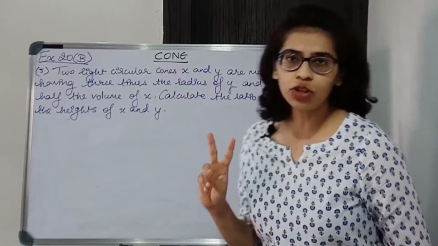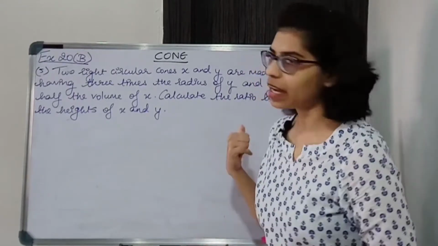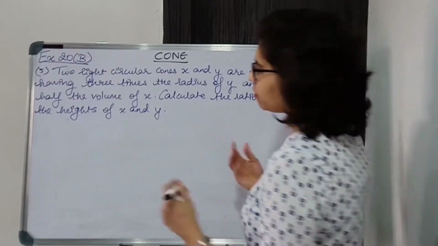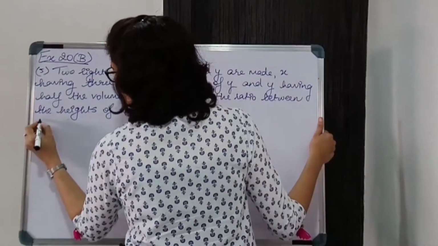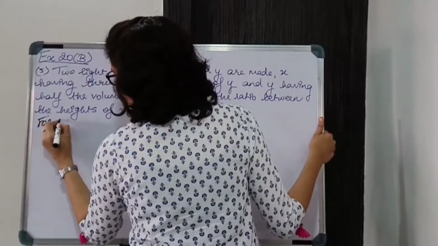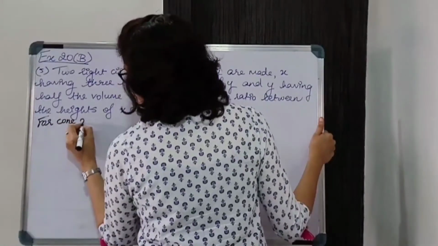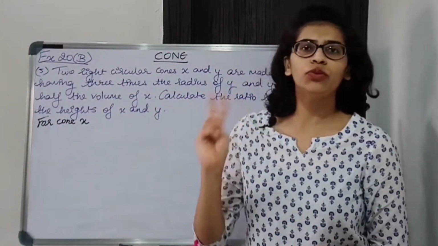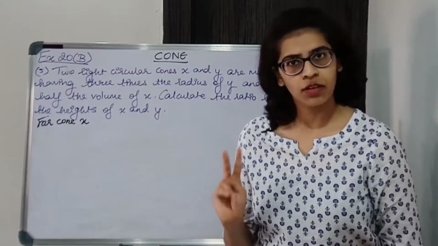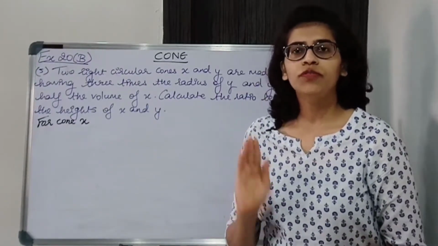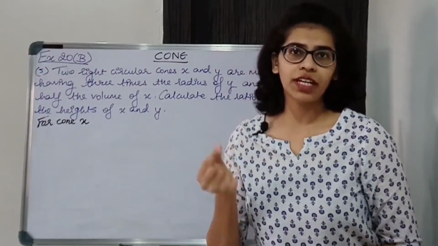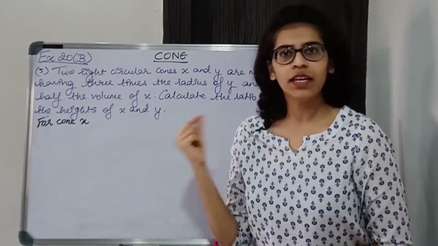You are having two cones, x and y. So what all information is given, we'll write it down. So for cone x, now there are two cones, so there will be two radii and two heights. For cone x, we'll name the radius and height as rx and hx.